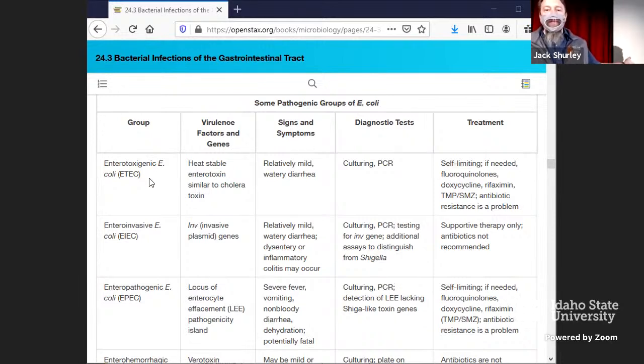So the traveler's diarrhea issue, it's not super serious, mild, a little bit of watery diarrhea, self-limiting. All right. There are the potentials for maybe some antimicrobial therapy. There are definitely some issues with this. And as we see as we move down, a few instances when, yes, maybe some antibiotics, but there are a number where we see supportive therapy like fluid replacements.